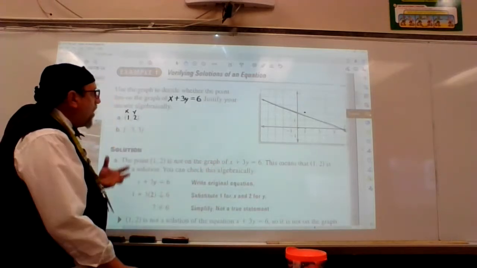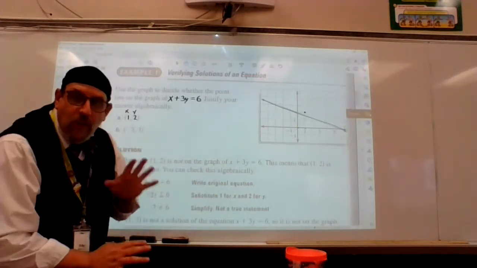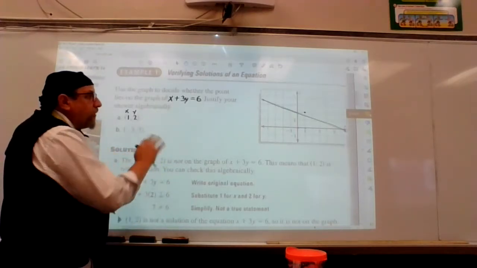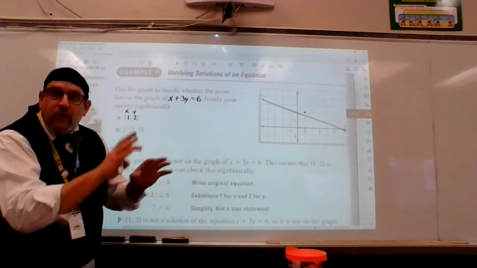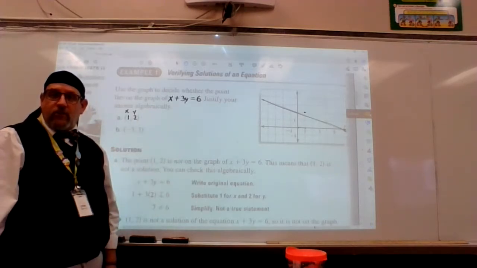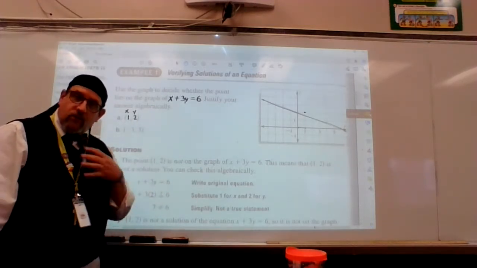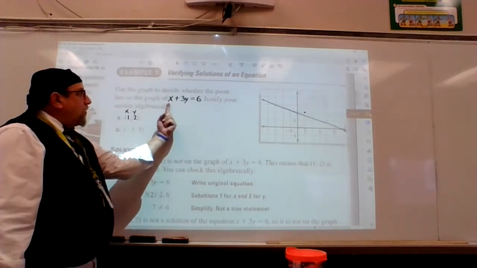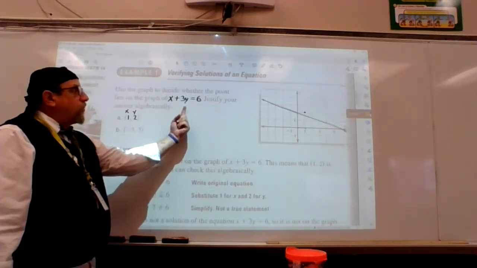It's above the line. Okay, well now we know that when we do the math here, we're not going to get out the right number. But let's go ahead and do what the teacher tells you to do. We're going to put in a 1 for x. We're going to put in a 2 for y.